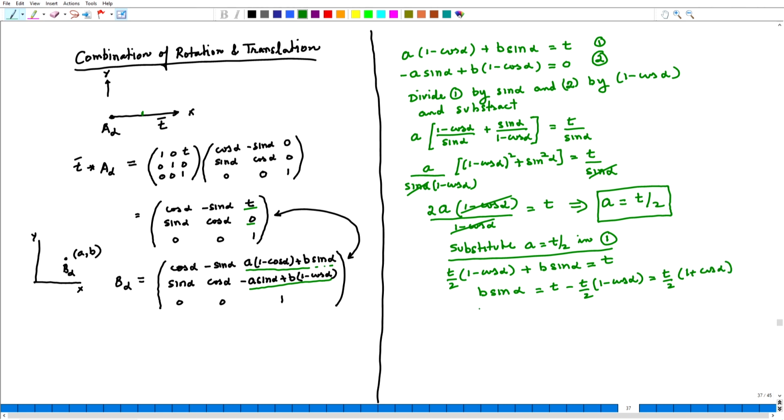Therefore, b becomes t upon 2 times 1 plus cos alpha divided by sin alpha.